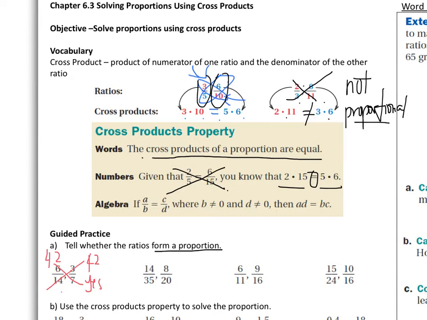For the next one, I take the cross product. 14 times 20 is 280, and then 35 times 8 is also 280.